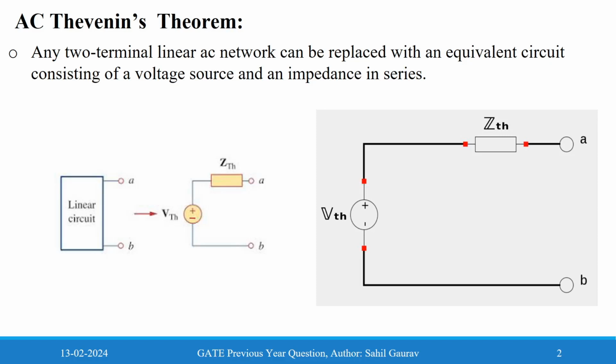Any two-terminal linear AC network can be replaced with an equivalent circuit consisting of a voltage source, that is V Thevenin, and an impedance in series. So this is AC Thevenin theorem. So let us solve the problem.